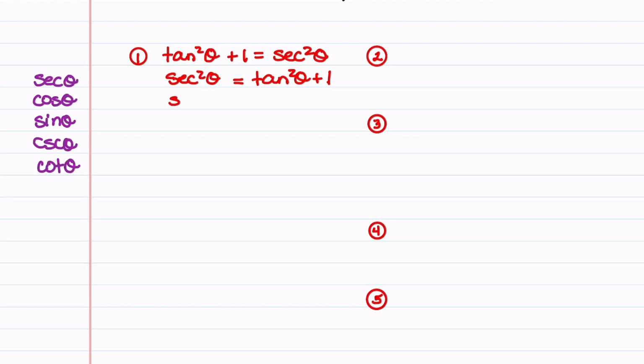We'll solve for secant theta, and we get secant theta is plus or minus the square root of tangent squared theta plus 1. We'll choose the negative square root since secant theta is 1 divided by cosine theta, and cosine theta is negative.